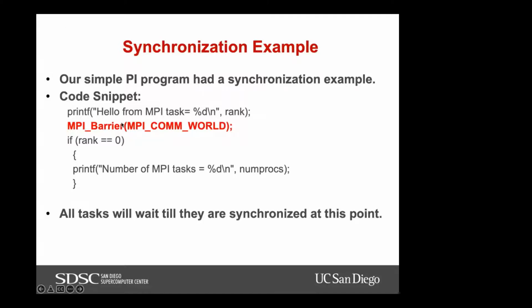You can have a barrier to synchronize all of them. In general, barriers are not a great idea because you might miss MPI imbalances and get lots of communication delays because everything is waiting on a barrier.